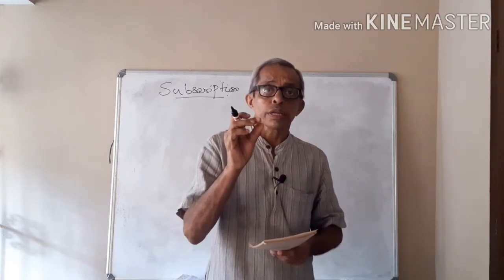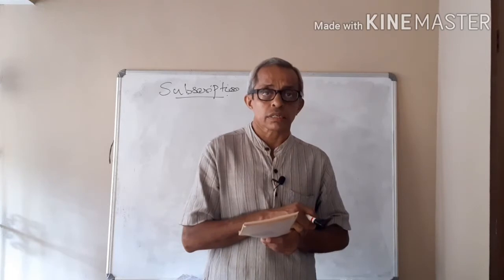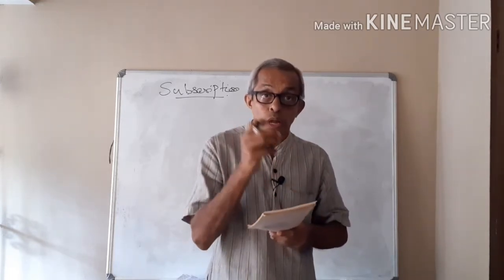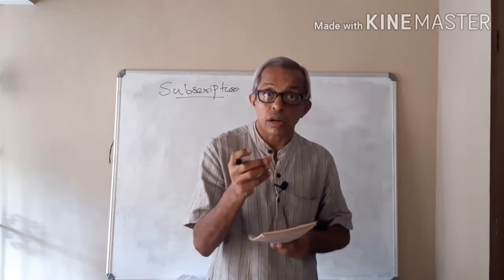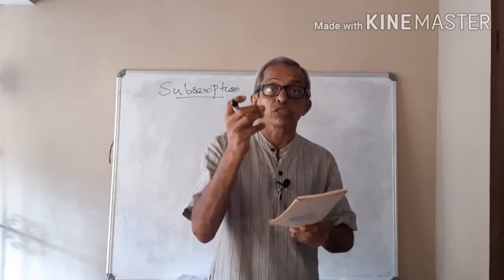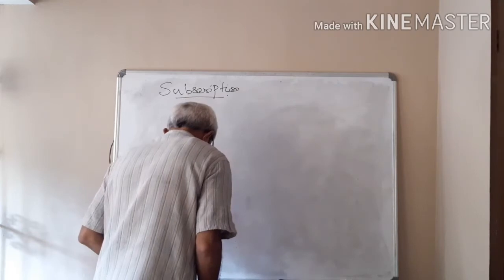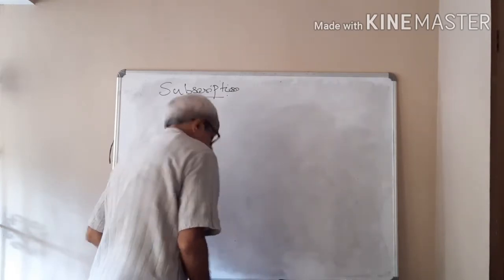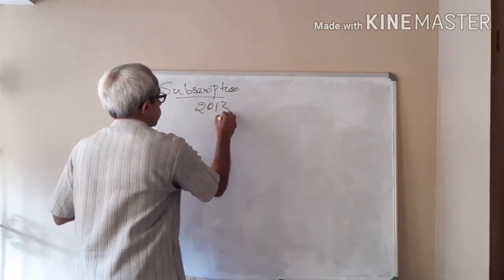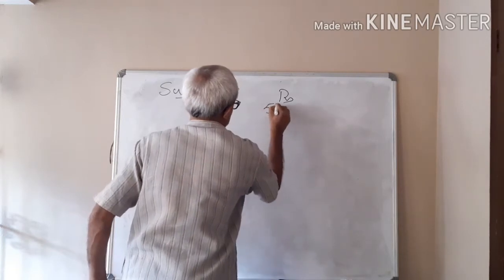So in income and expenditure account, we need to adjust subscription only with regard to the current year, or subscription of 2013. So here subscription of the current year, that is 2013, is rupees 5,500.